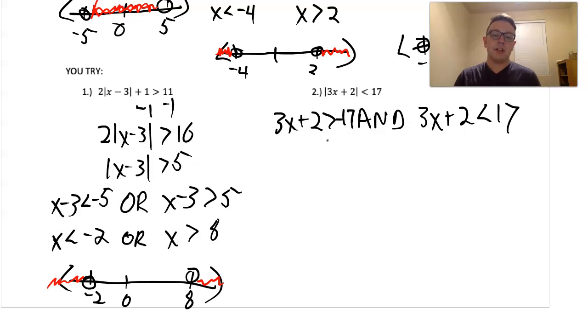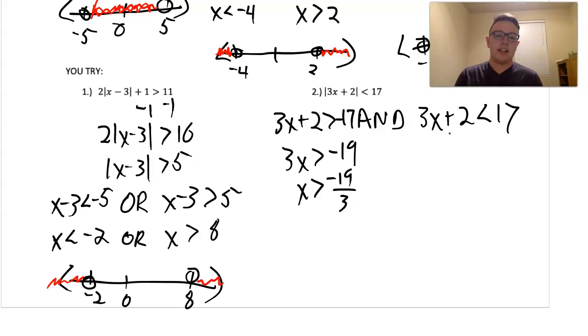Now we're going to solve for these, so we're going to subtract 2. It gives us 3x is less than negative 19, or x is greater than negative 19 over 3. And then for this one, we're going to subtract 2, so we get 3x is less than 15, or x is less than 5.